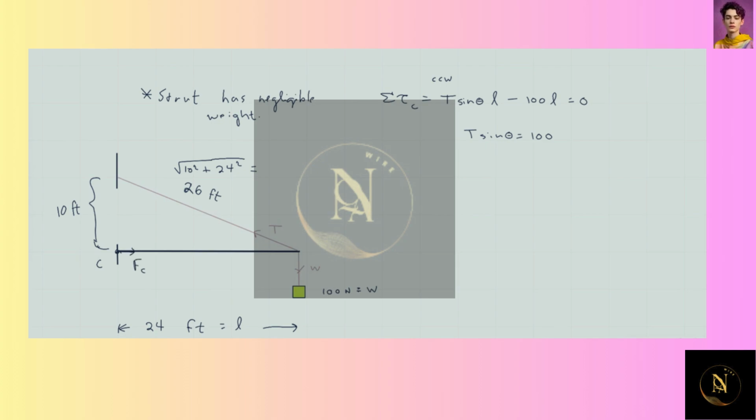It has to point straight along the strut to cancel the X component of the tension. And in fact, let me make that a little more realistic. It has to basically cancel the X component of the tension.